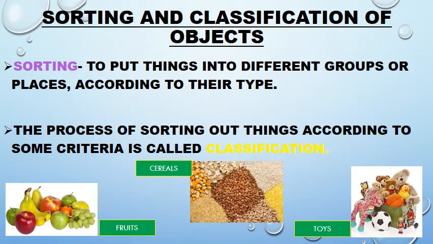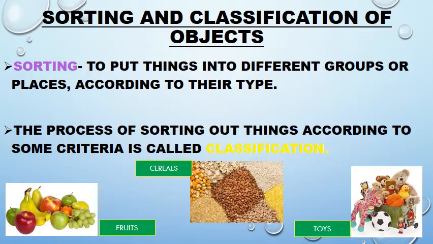Now, have you ever visited a grocery store? If yes, then you have observed that in the store, pulses are placed in one section, spices are placed in another section. Same way, fruits and vegetables are placed in another section.